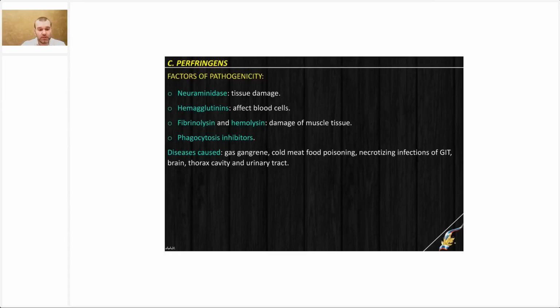It is fibrinolysin and hemolysin enzymes, which can as well damage muscle tissues. They can cause hemolysis in the affected area, leading to abnormal blood circulation and oxygenation of tissues. And it has several factors which can inhibit phagocytosis and activity of macrophages.